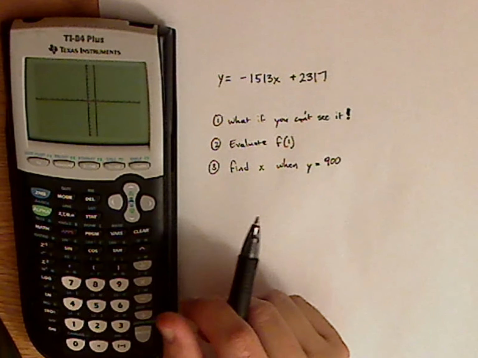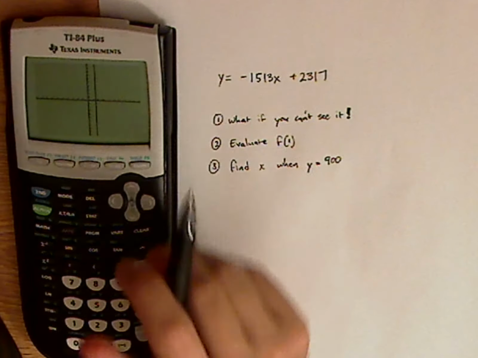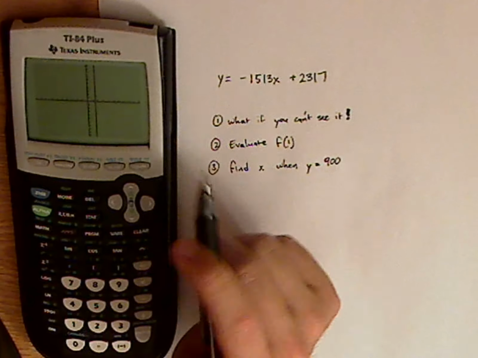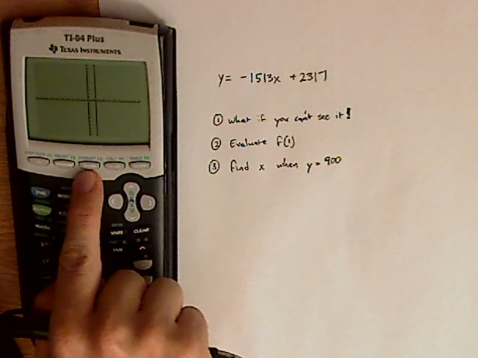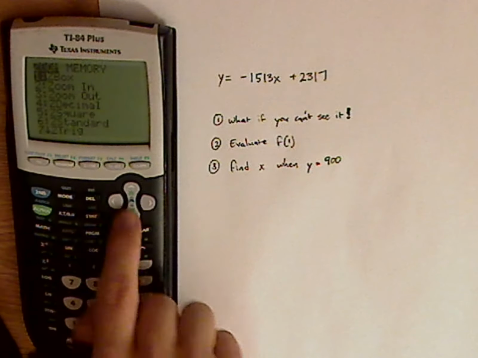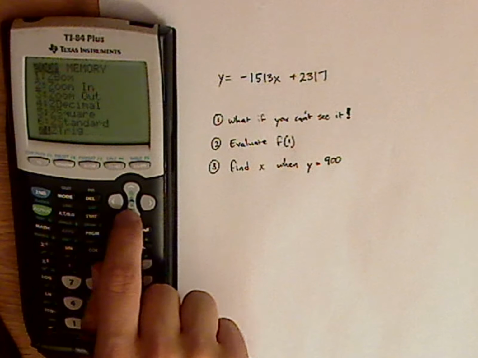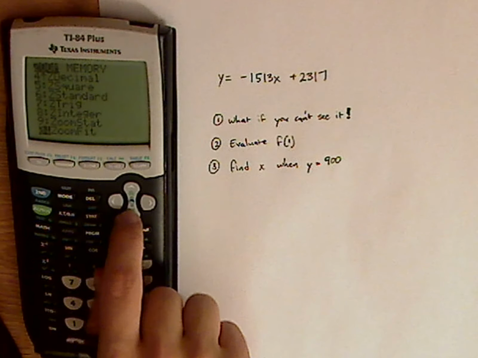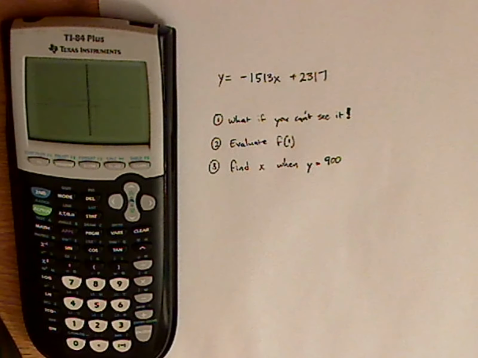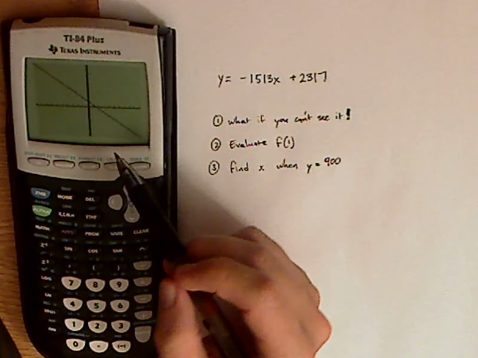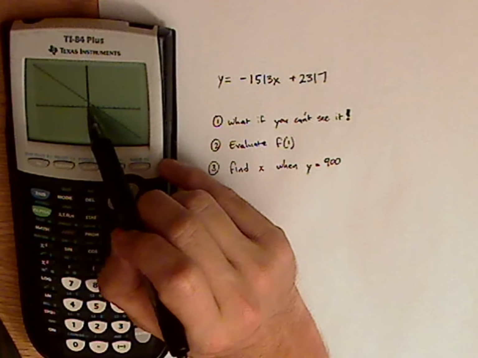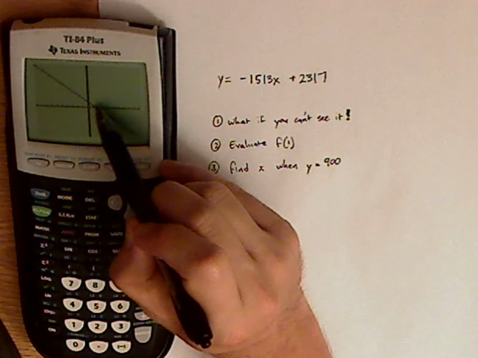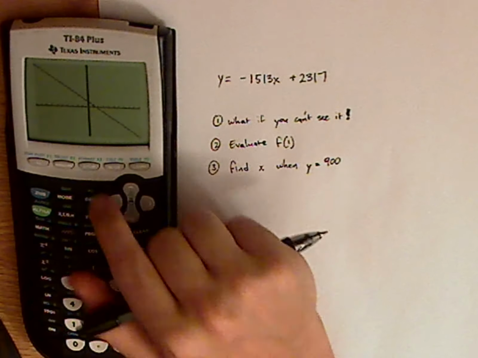So what am I going to do? Well, if it looks very weird like that, push zoom and then zoom fit. Select that. Now what it does is gives you a little thing like that, and I'm going to zoom in on this area right here.